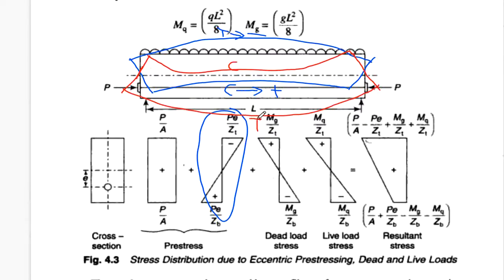Due to elongation, I am going to consider it as tension, and due to reduction in length, I am going to consider it as compression. And as I said, compression will be considered positive and tension will be considered negative as far as pre-stressed concrete is concerned.